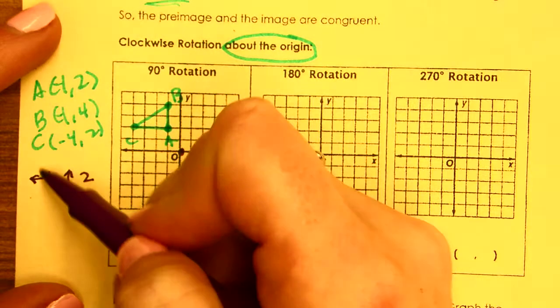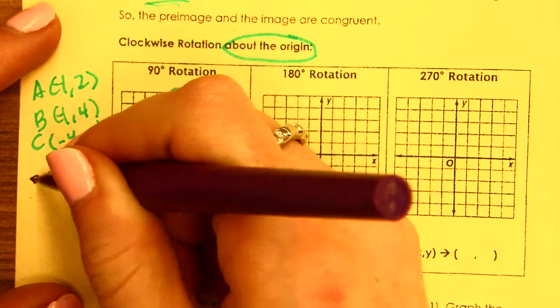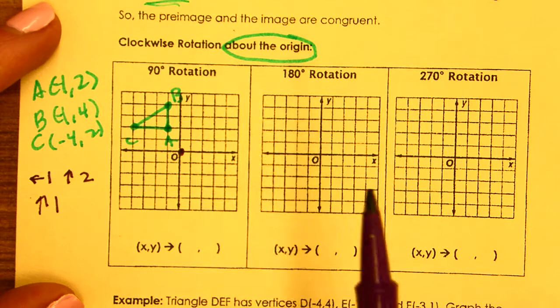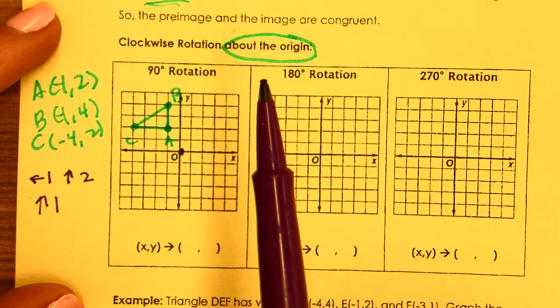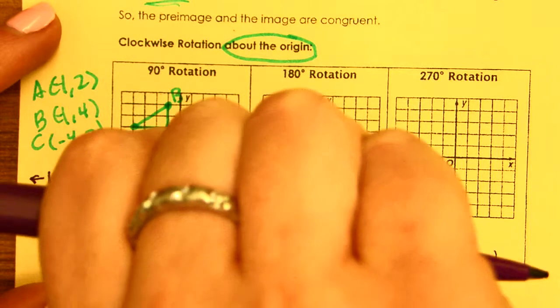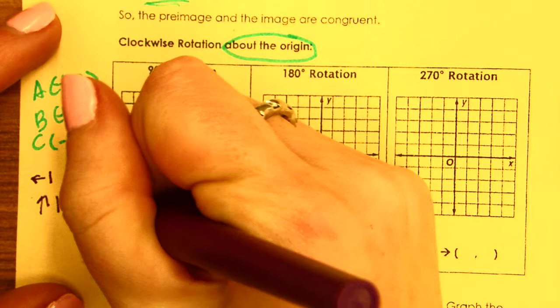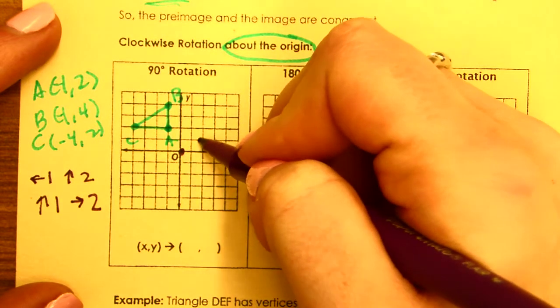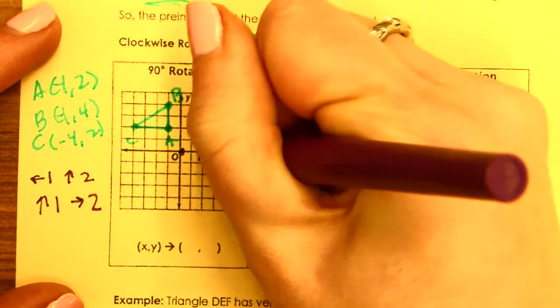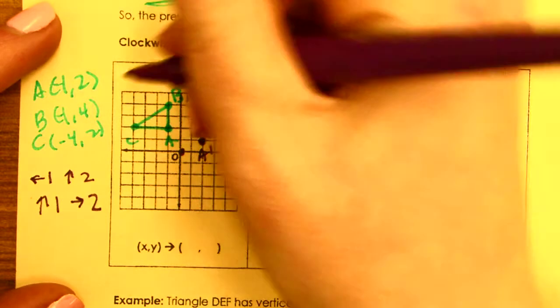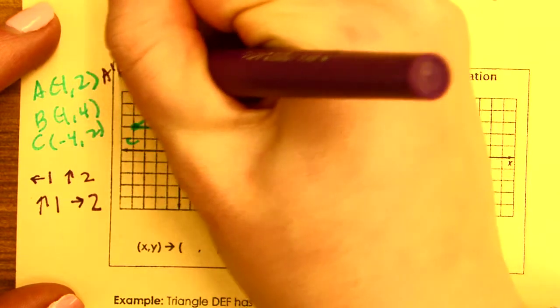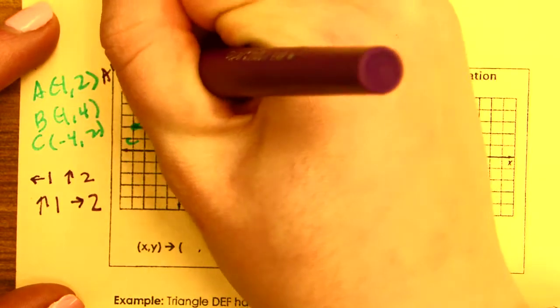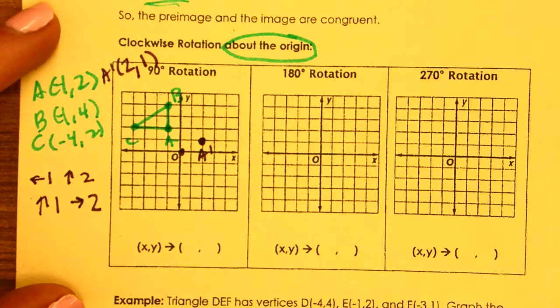So 90 degrees clockwise from to the left 1 is up 1. 90 degrees clockwise from up 2 is to the right 2. So I'm going to go up 1, to the right 2. There's A prime. So A prime is at 2, positive 1.